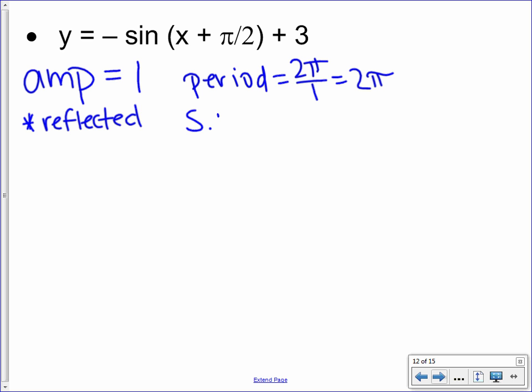Then, our starting point. What is our C value? Negative pi over 2 divided by B, which is 1, so this is negative pi over 2.